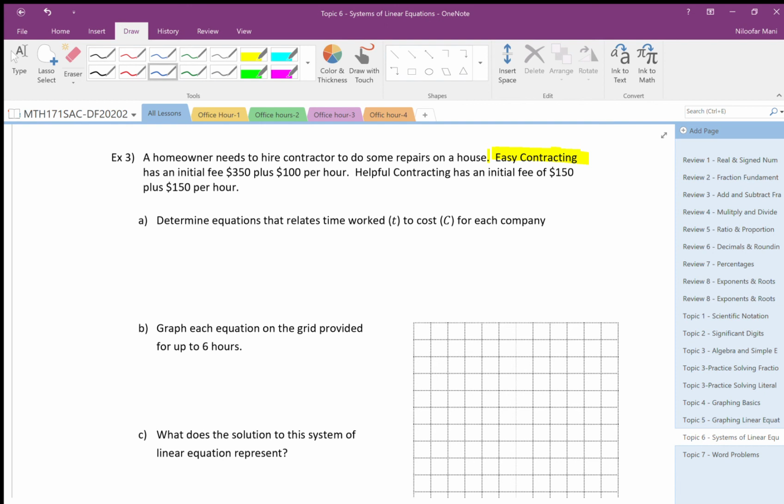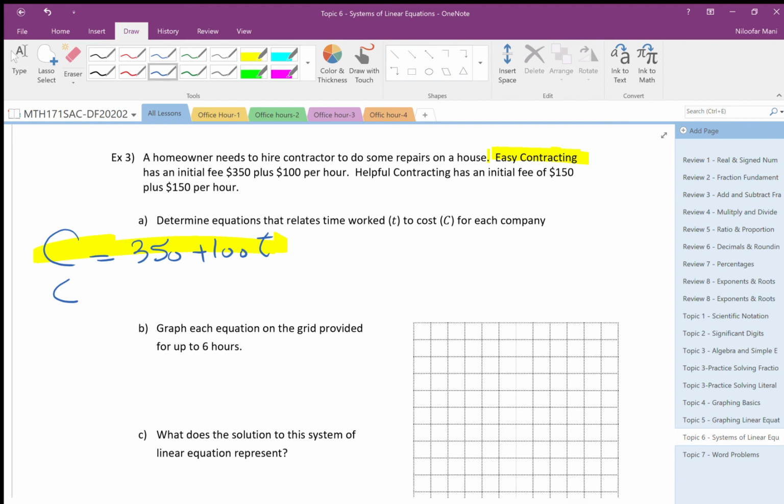So I can write here: the cost is 350 plus 100 per hour. Set t, so use t. Determine the equation that relates time t to the cost. So here it's t, and the next one is c. So I can make that yellow.